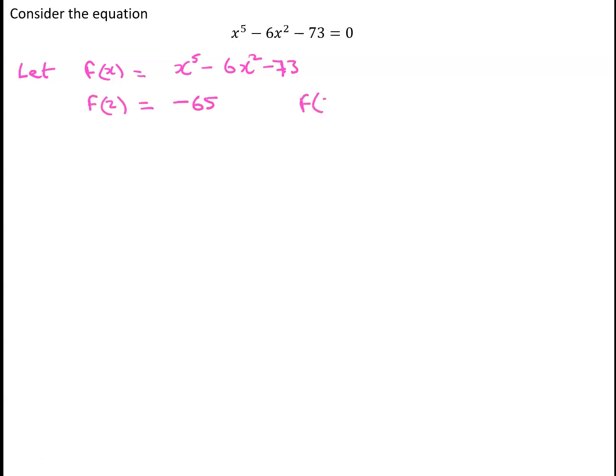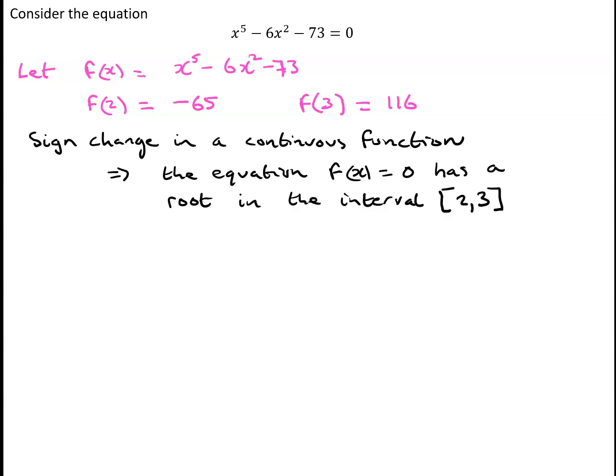Well, we can see that f of 2 gives me minus 65 and f of 3 gives me 116. Given that that's the case, because I've got a polynomial which I know is continuous, we've got a sign change in a continuous function, so the equation f of x equals 0 certainly has a root in the interval 2 is less than or equal to x is less than or equal to 3.